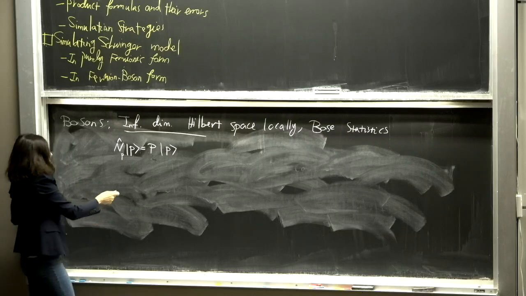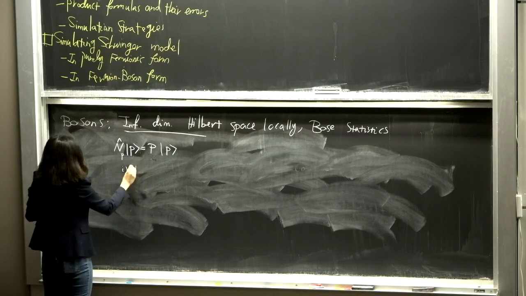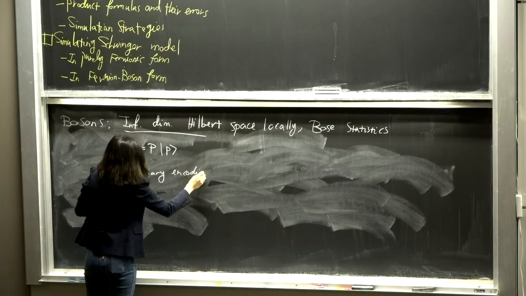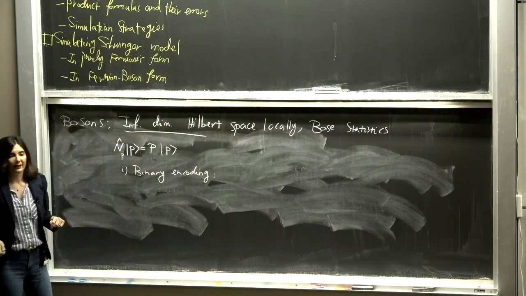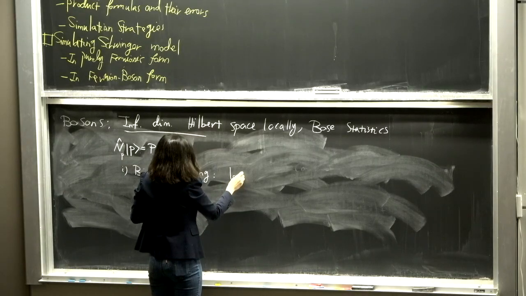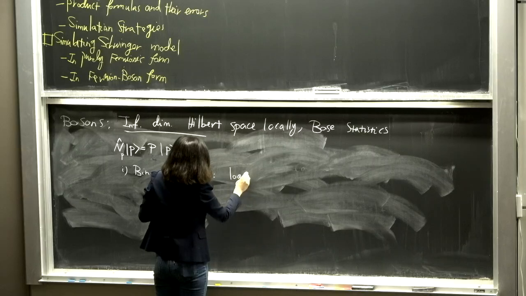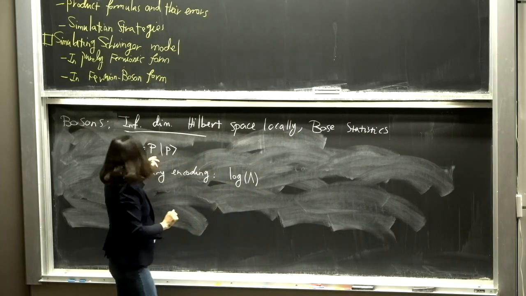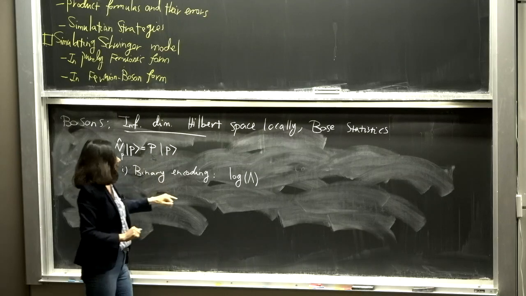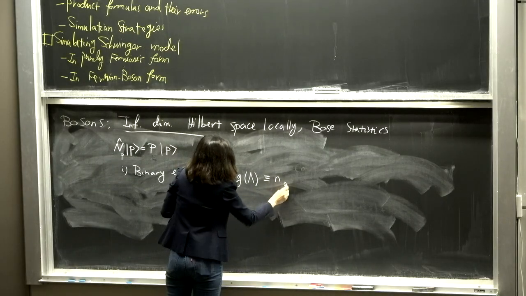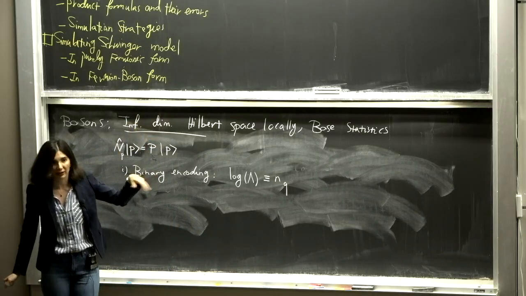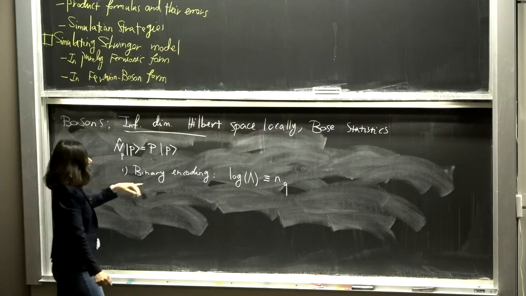Again, there are choices to do this. One choice is the binary encoding, which is, again, the most common. And the reason is that it uses of the order of logarithm of lambda qubits, where lambda is the highest number that you can have for your bosonic excitations, to encode each of these bosons at each site, or at each link if you're in the lattice gauge theory. So how does it work?